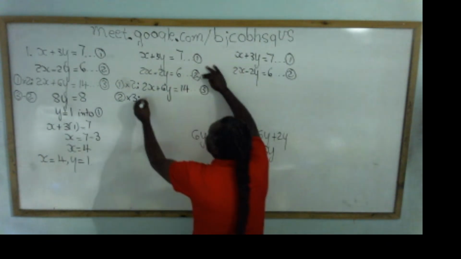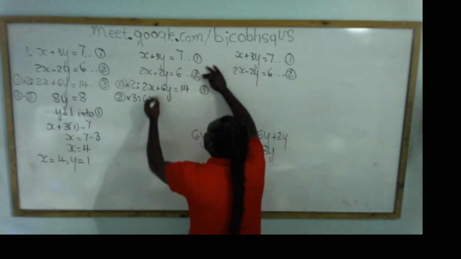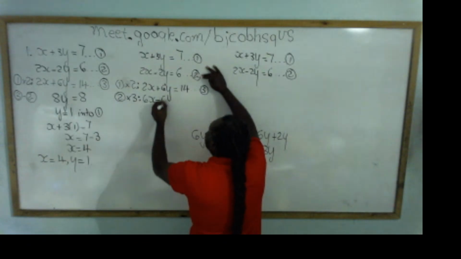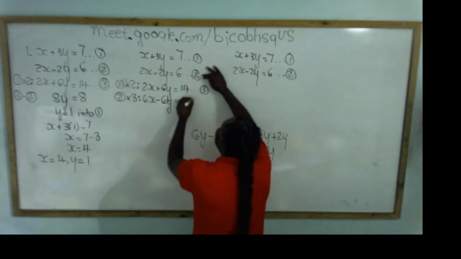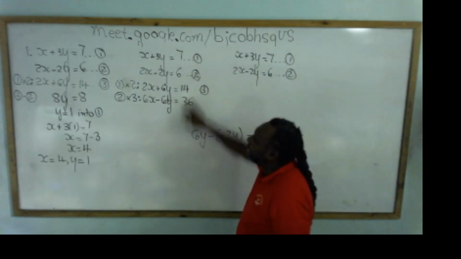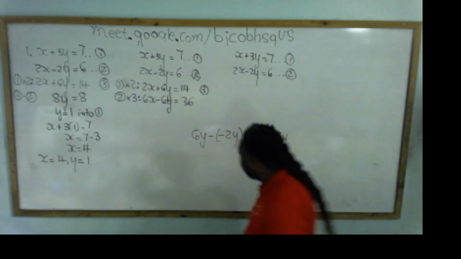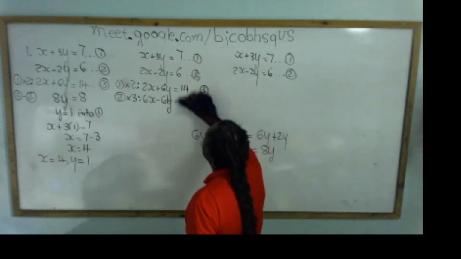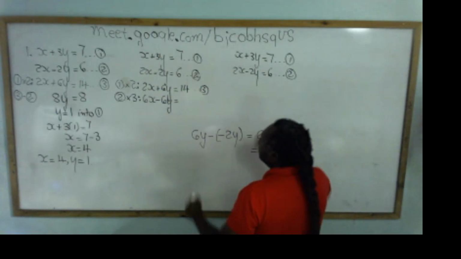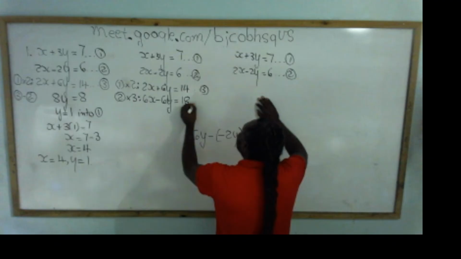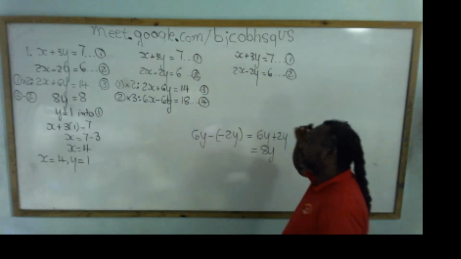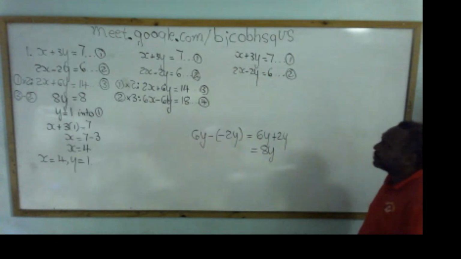We'll have 6x, here again, minus 6y is equal to not 36. We need to multiply the 6 by 3 also, and that will give us 18. And that is equation 4.